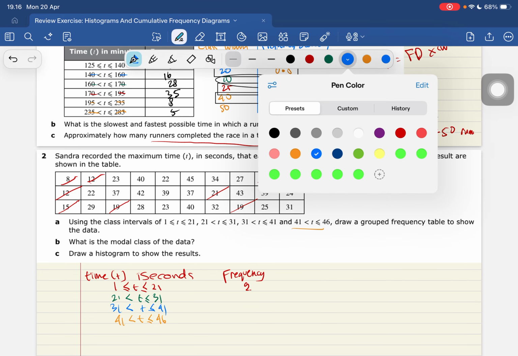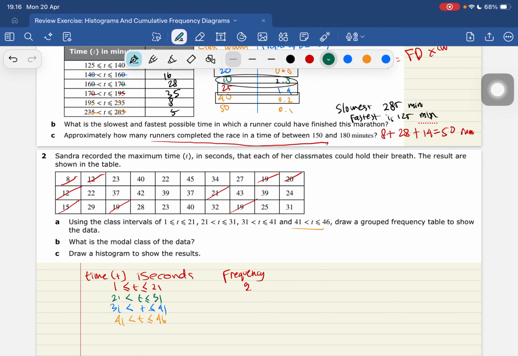Now 21 to 31, we count and get 10. For 31 to 41, we get 8.